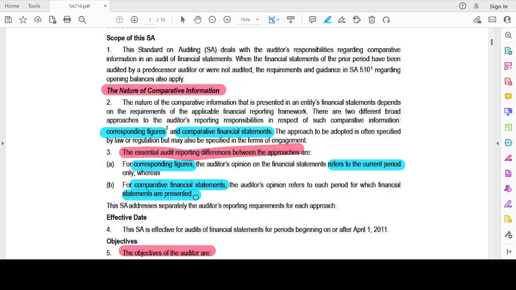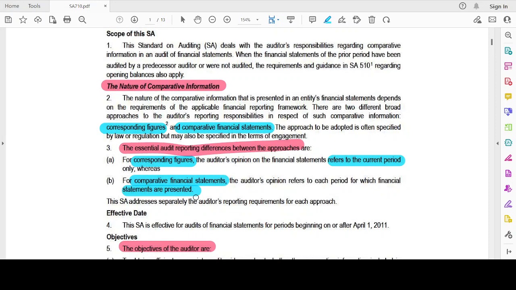For all the previous years, I am not going to give the audit opinion, but only for the current period am I going to give the audit opinion. That will be known as corresponding figures, just to enable the users to understand these are the figures of the previous years, and there is no audit opinion being given on such figures, the last 5 years' figures. Okay, now let's move on.